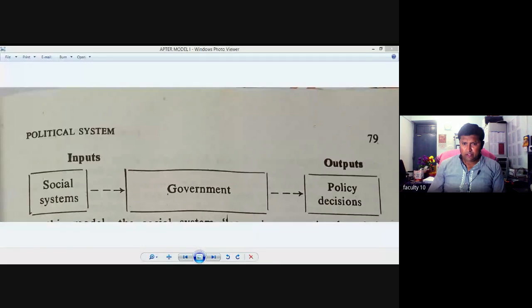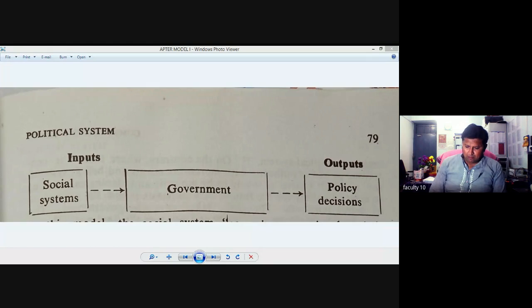Now let me share a model there, then you can understand it easily. Okay, now it is here, you can see.